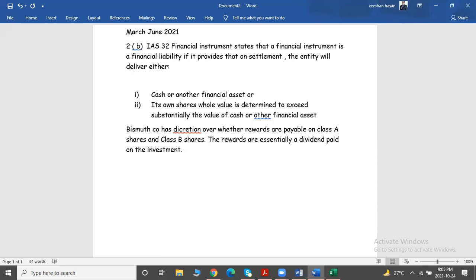This would seem to indicate that both instruments would be classified as equity.